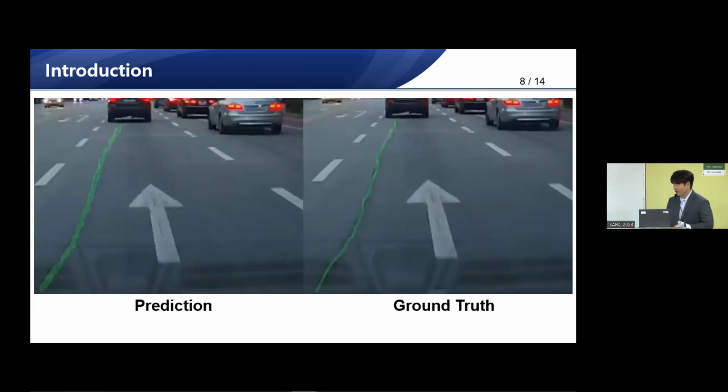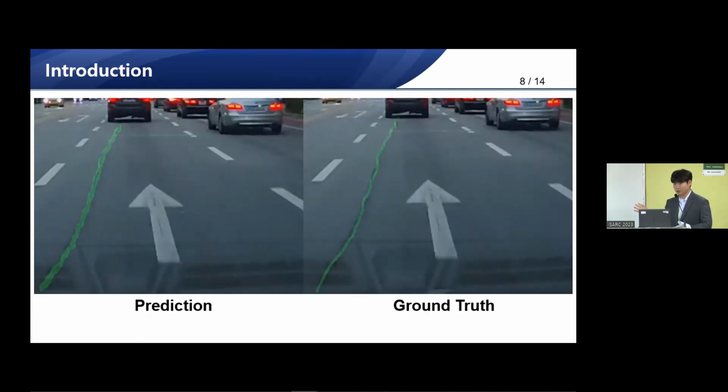All right, let's play a little guessing game. You see these two pictures here, right? The left image is the prediction from the model, and the right one is the ground truth, manually labeled by a human.